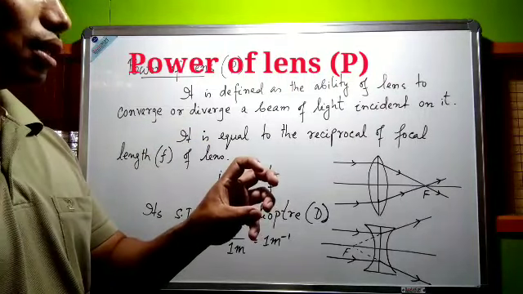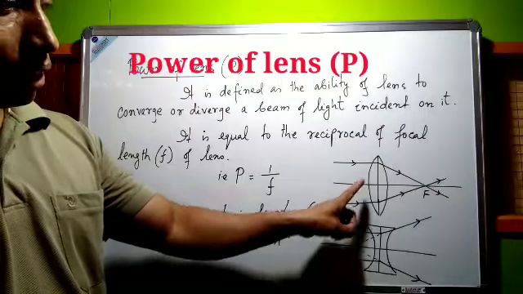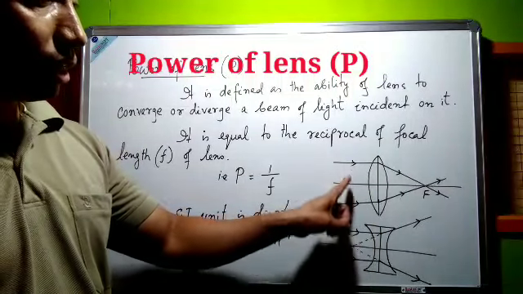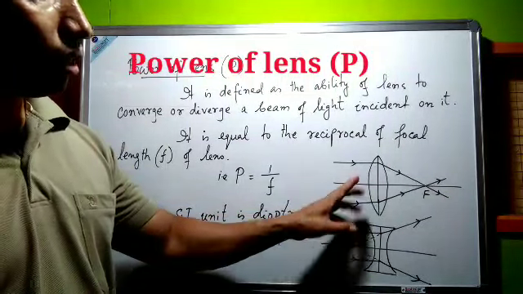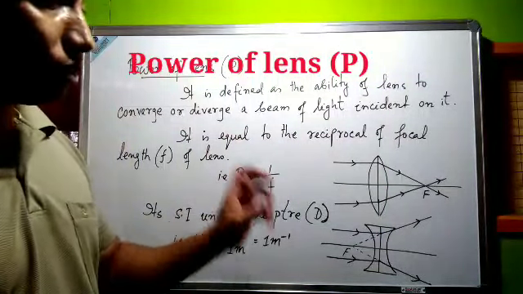Let us see this figure. In case of a convex lens, let us consider two light rays incident on this convex lens, and let the two light rays be parallel to the principal axis.